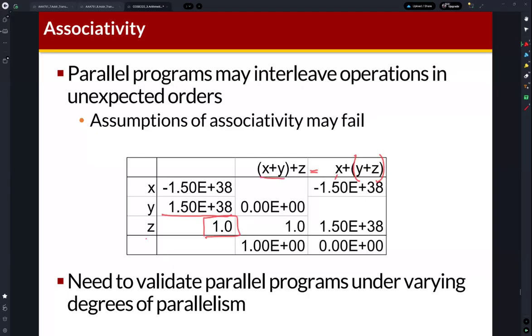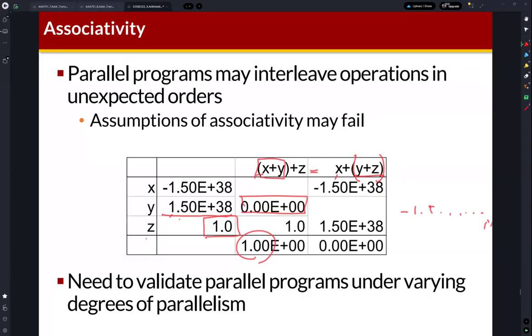So if we first compute x + y, this is 0, and then 0 plus 1 is 1. How about y + z, one very large number plus 1? Actually, in a computer, because of limited precision, we cannot represent the -1.0 and the very small number 1 together using the floating point number system.